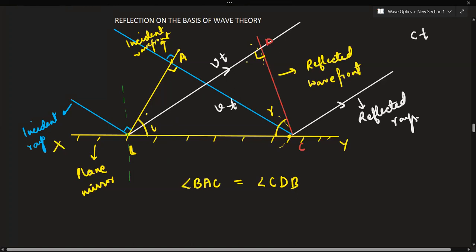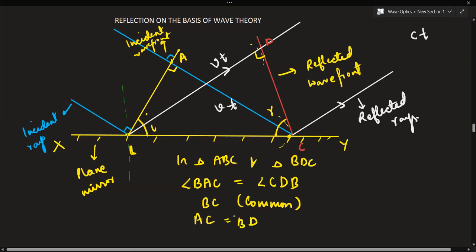Apart from this, we are considering these two triangles. In triangles ABC and BDC, these two angles are equal. BC is the common side for both. And as I've told you, AC is equal to BD.